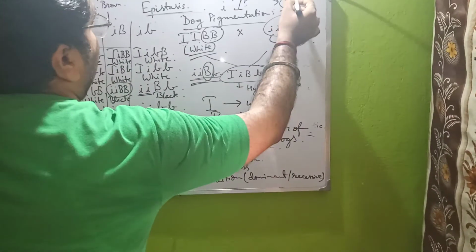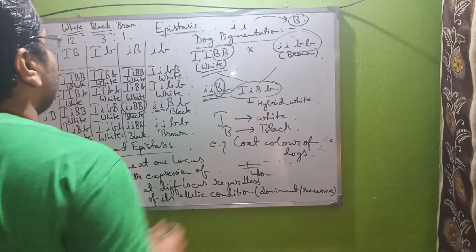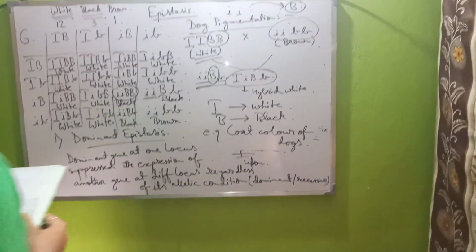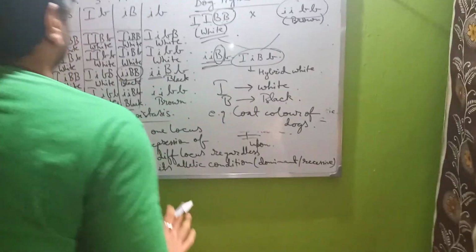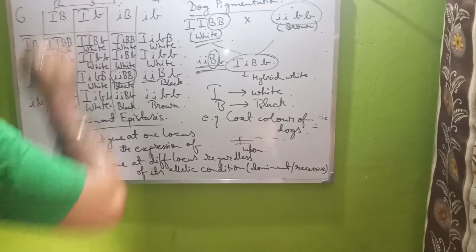Whereas when both I alleles are recessive, it will allow the B gene to express if it is dominant. So dominant epistasis means this, and the ratio is 12:3:1. Thank you.